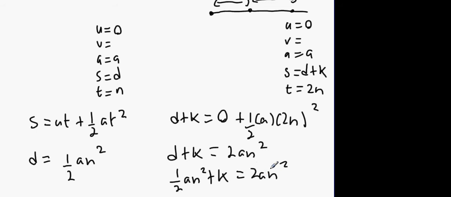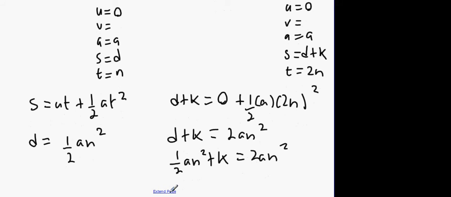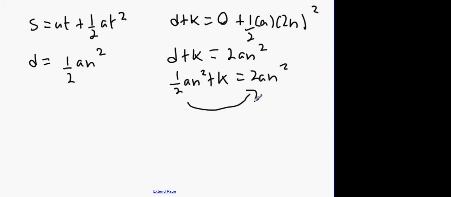Bring the half an squared over to the other side, and what you're going to get is k equals 3 over 2 an squared. You basically just have to find out that k is 3 times d. k equals 3 times d, okay? And that's the answer to that one.